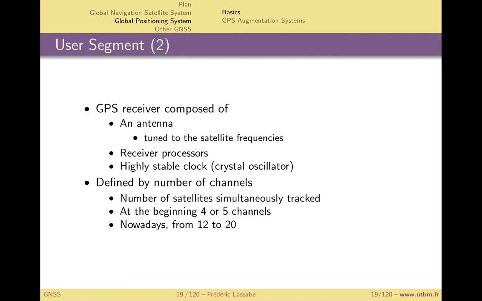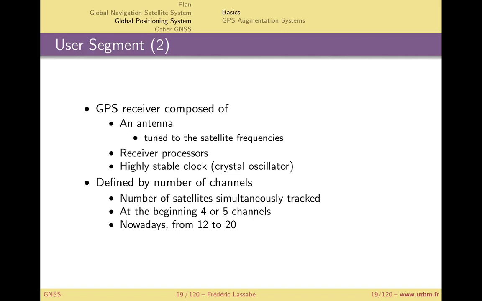It is defined by its number of channels, which is the number of satellites that can simultaneously be tracked. So the first GPS chips could only track 4 or 5 channels and satellites. And nowadays it can range from 12 to more than 20. Why so many?